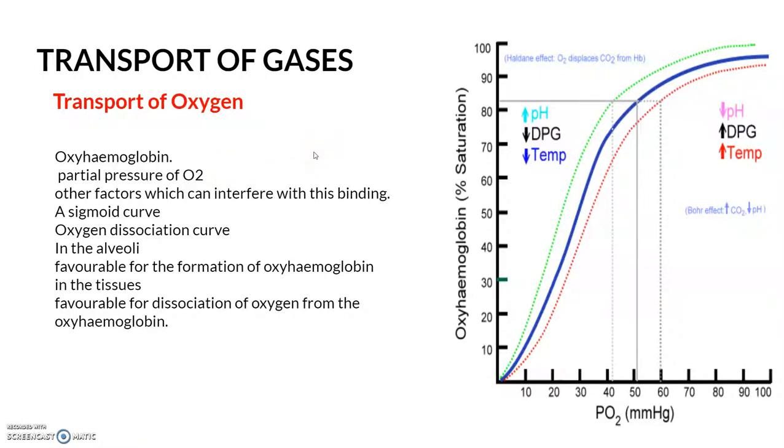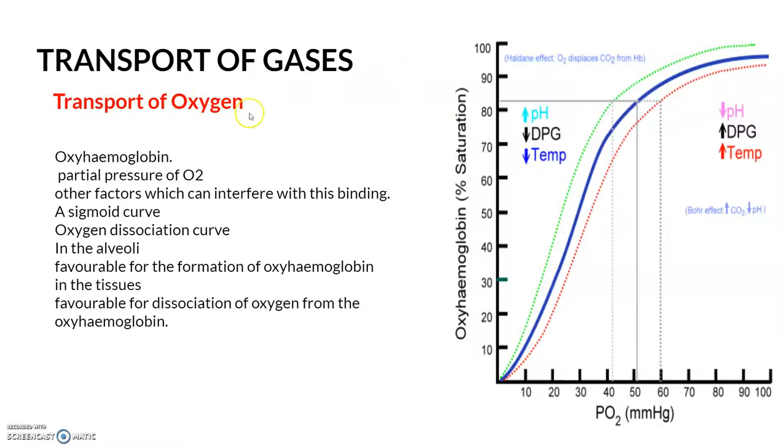And 20 to 25% of carbon dioxide is transported by RBCs, whereas 70% of it is carried by bicarbonate ions. About 7% of carbon dioxide is carried in the dissolved state through the plasma. So this is how oxygen and carbon dioxide get transported.